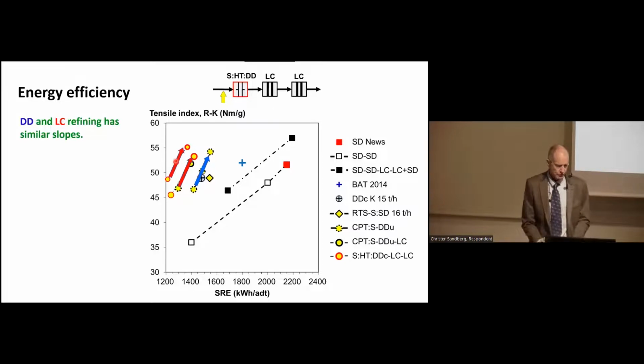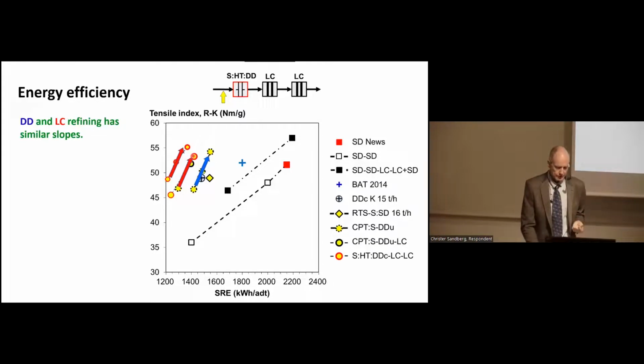Another conclusion from this, looking at energy efficiency, comparing double disk refining, here is a refining curve made in one of the double disks in Braviken, and LC refining, you can see that it's similar slopes. In and out LC refiner or adding more energy in a double disk gives the same slope.